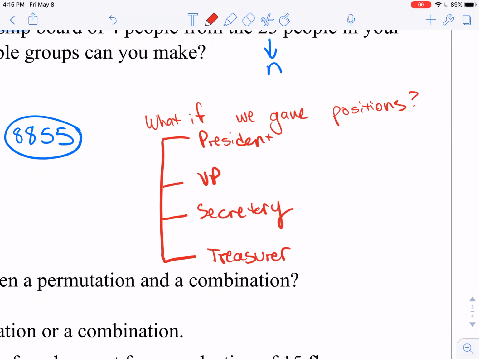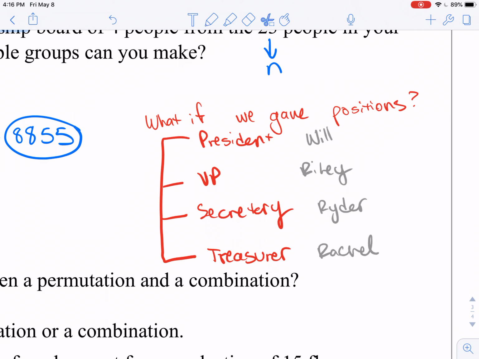Then order mattered. Because let's say Will is president, Riley is our vice president, Ryder is our secretary, and finally Rachel is our treasurer.